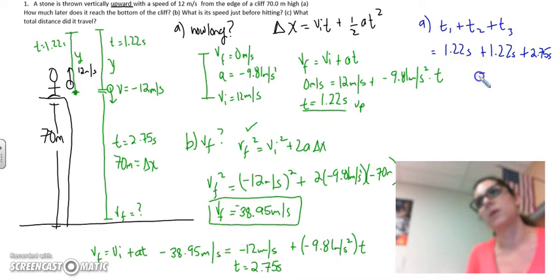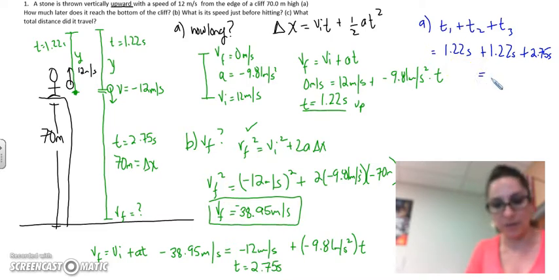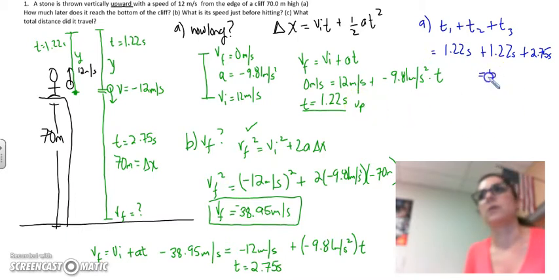Again, some of you say, oh, I can just multiply that by 2 because they're the same. Yes, definitely take shortcuts if you see them. The final answer is 5.19 seconds, like that. That's for A.